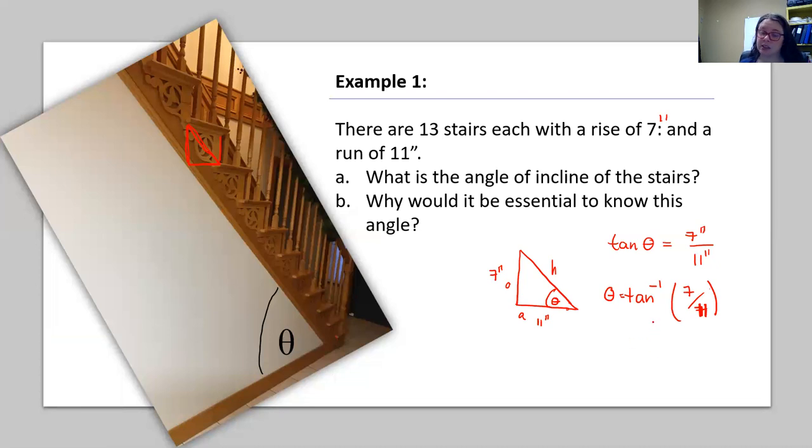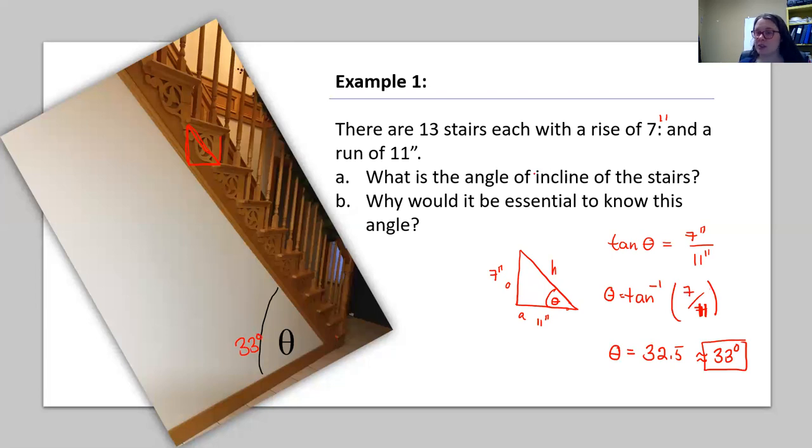If you calculated it as a decimal, please make sure you keep 4 decimal places before you hit that shift tan. And you will find your angle is equal to 32.5, or that would round to 33 degrees. So that gives us our answer for A.